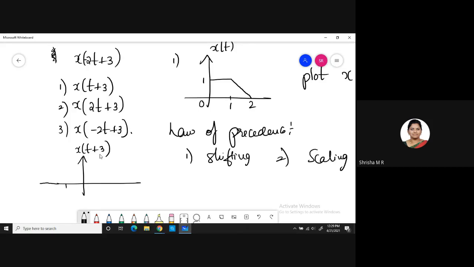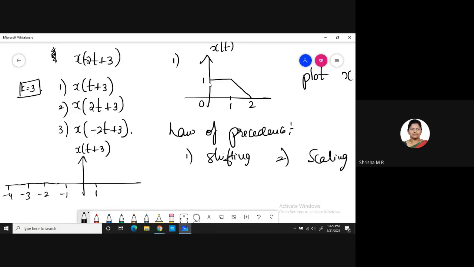See what you are doing, minus 1, minus 2, minus 3. I have told you we are shifting it with positive K, K is equal to 3 here, a positive value. So if K is positive, there will be left shifting by 3 instants.